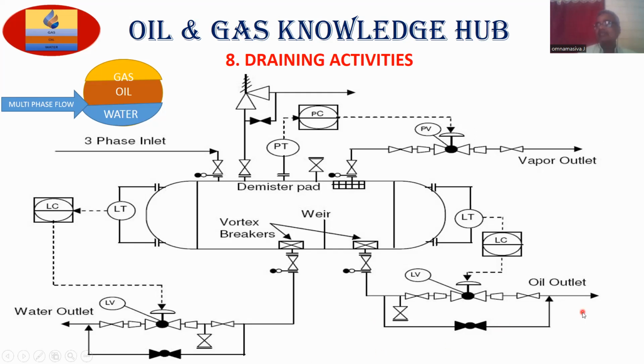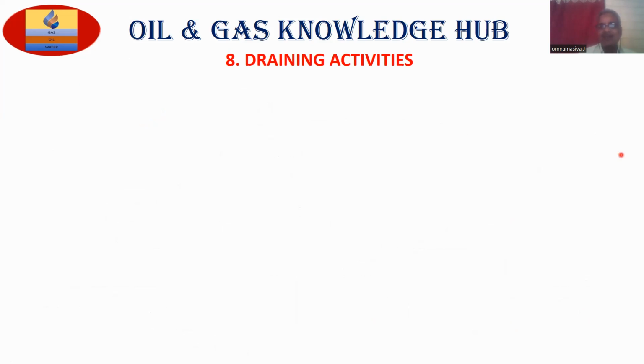Oil outlet is multiphase. Vapor outlet, again, you can say multiphase only, because when it is going to the vapor outlet, there will be a long line, it may go to some flare line. At the end of the flare line, there will be a slope, and from there the water will be drained out.